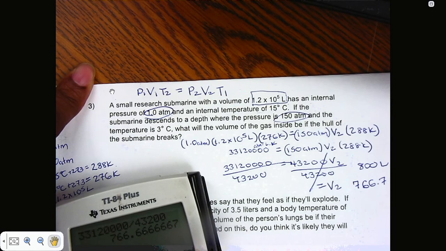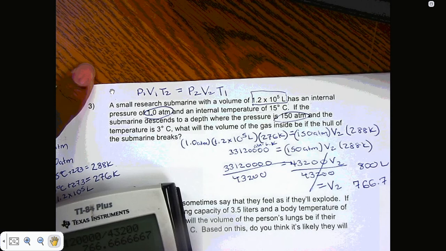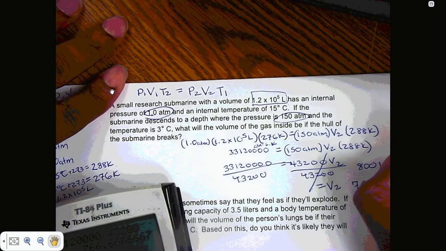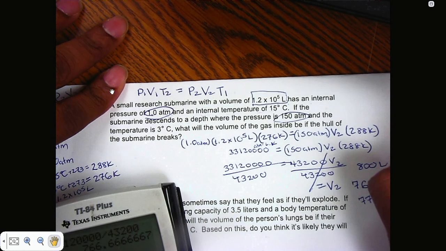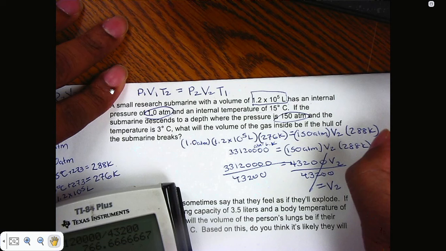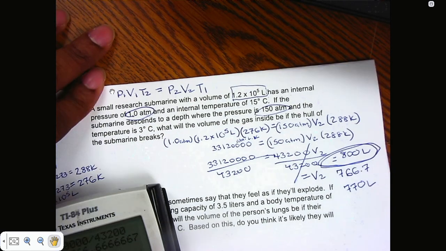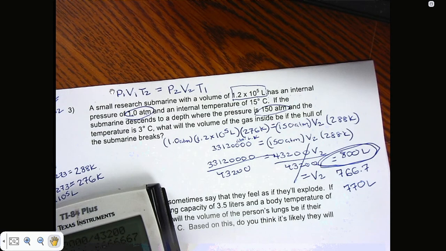Or alternatively, you could use 2 sig figs, and if you wanted 2 sig figs, it would be 770 liters. I'm going to lean towards the 1 sig fig, and that's going to be my answer of 800 liters because I want 1 sig fig.